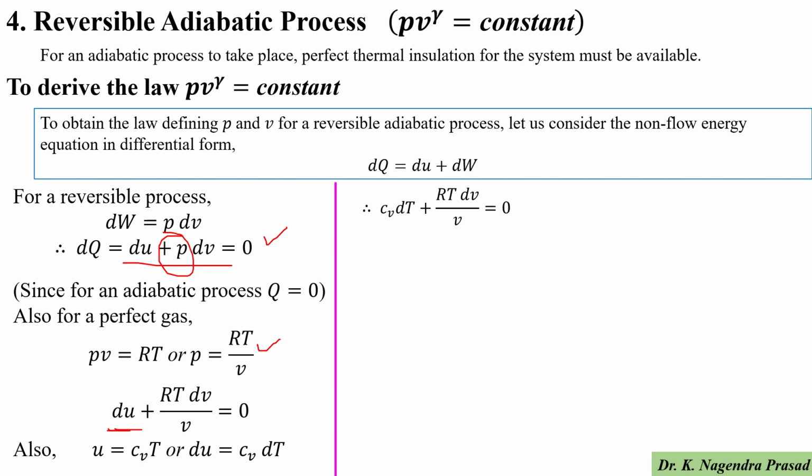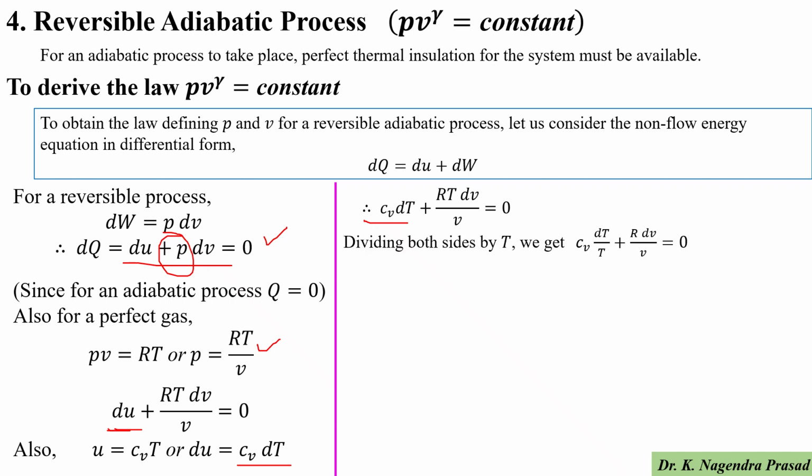So du is Cv dT and P is RT by V. Then substituting in the equation du plus P dV equal to 0, the equation becomes Cv dT plus RT dV by V equal to 0.